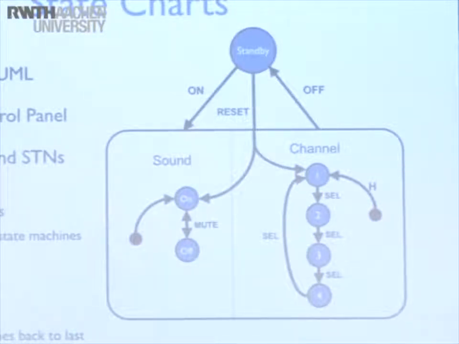And finally, there's a history marker. Because the question is, when you enter a compound state that has lots of stuff going on, where should the little state transition network inside it start running? What's the start state? If it's always the same one, then we have this problem of remembering history, like we had with the help system.